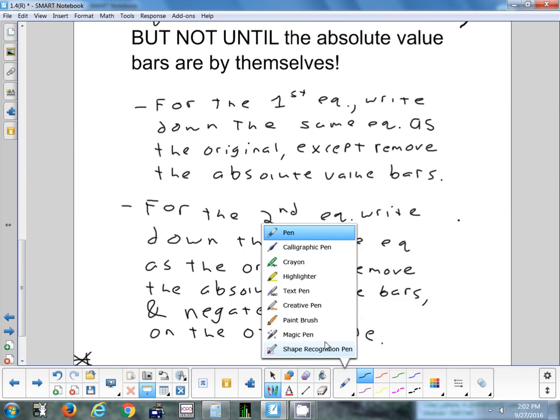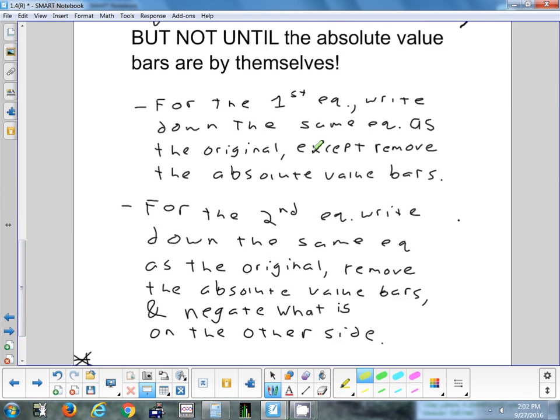When I do it on the other side, same thing. It'll have no absolute value bars, and whenever it equals, it will just be the opposite. If it equals a negative, it'll equal a positive when you set up this equation. If it equals a positive, most times you'll set it up equal to a negative. You're going to negate it, like Mr. Hager says here.